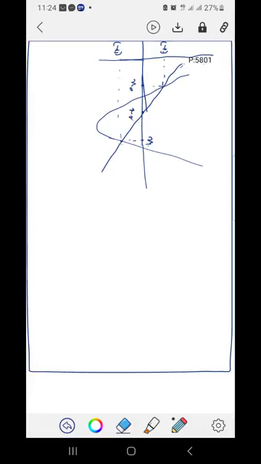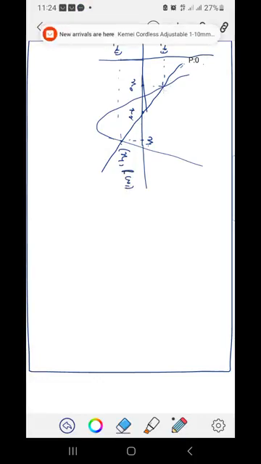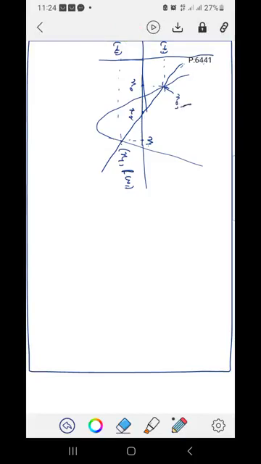So the coordinate of this place will be x1 comma f(x1), and this place has the coordinate x naught comma f(x naught). And this very center, the coordinate of this place will be x2 comma 0. I wish I was in the physical class where I would have awarded a mark for that.